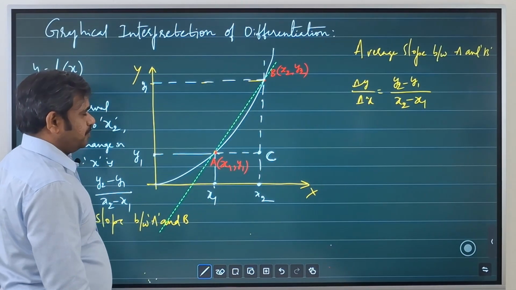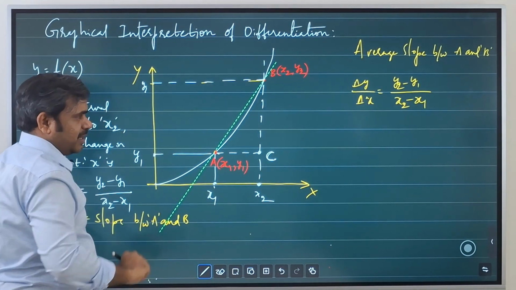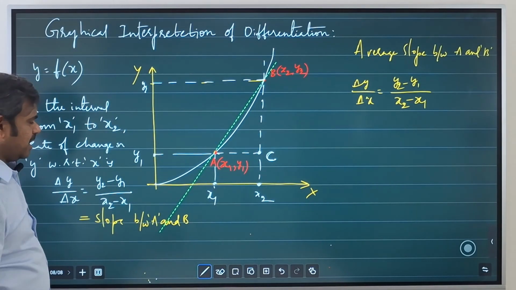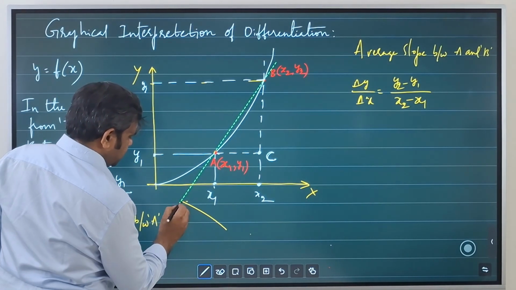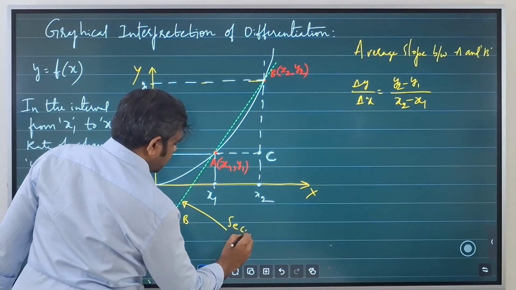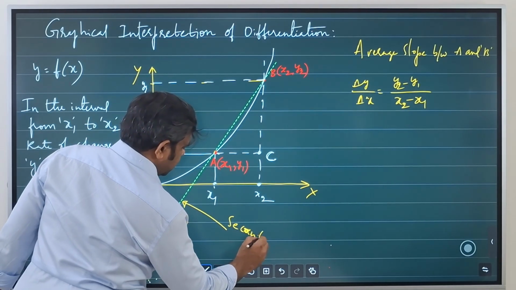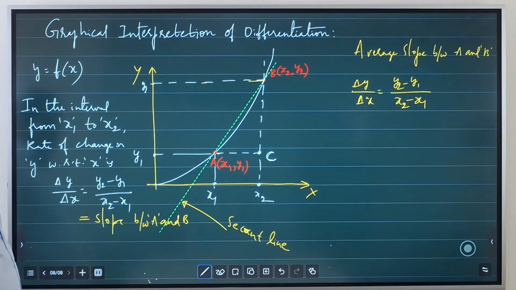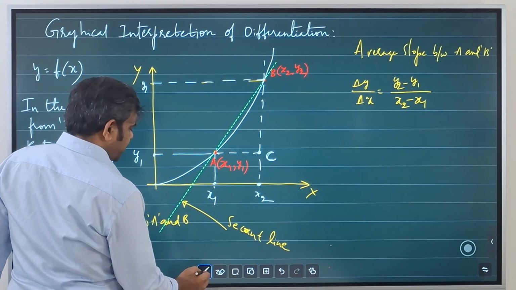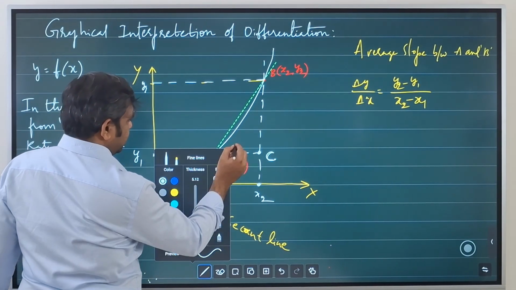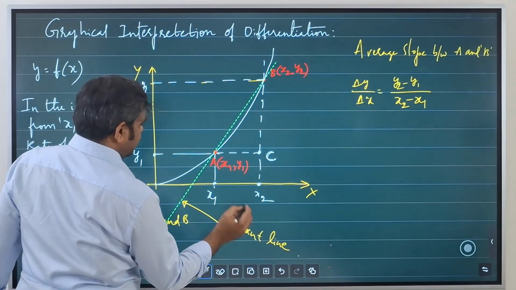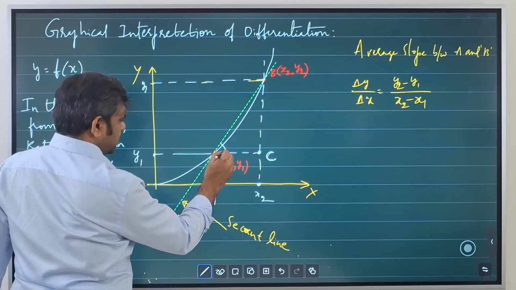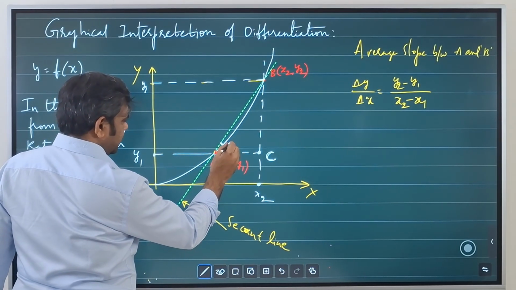Now look at the figure. This straight line joining A and B is called a secant line for this curve. A straight line passing through 2 points on a curve is called a secant line. If I say this angle is theta here, the angle made by the secant line with the horizontal is theta.